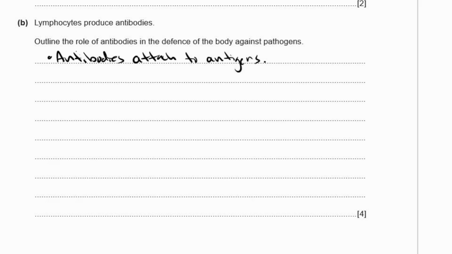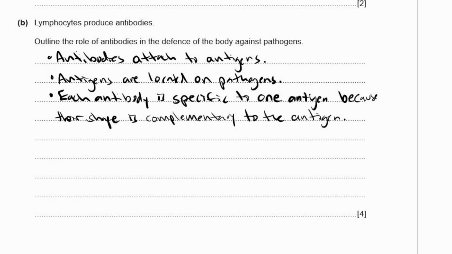Okay, so antibodies attach to antigens, and antigens are located on pathogens, or located on the outside, and they are just markers that allow the antibodies to identify them. Antibodies are specific. One antibody is specific to one antigen. So each antibody is specific to one antigen because their shape is complementary to the antigen.